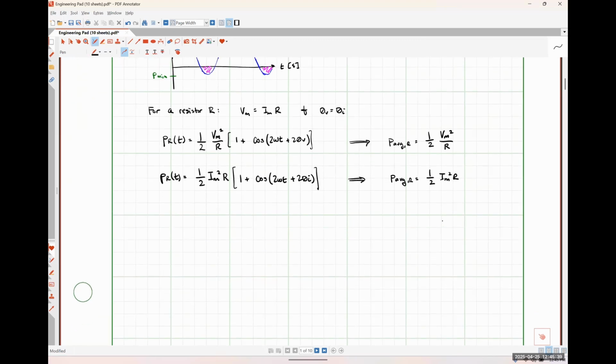So graphically, if we had a purely resistive load, we would have a situation like this. So here's PR of t. Here's t.